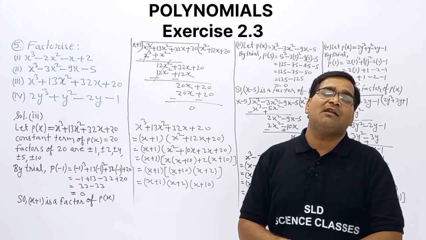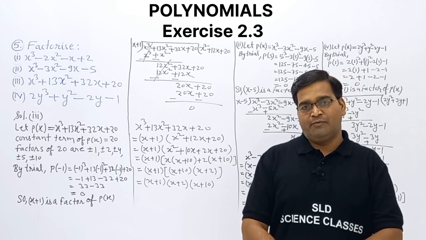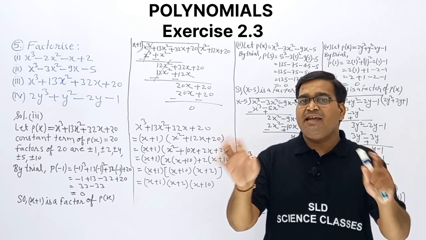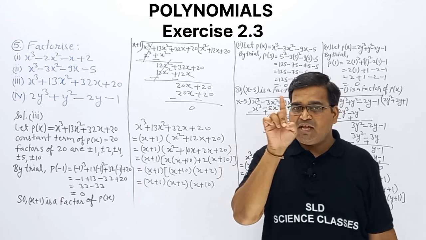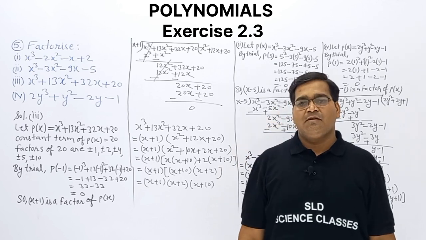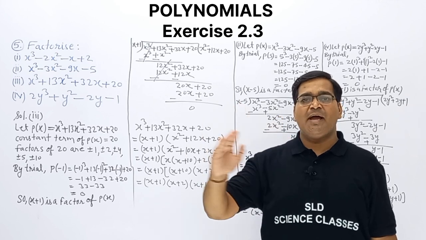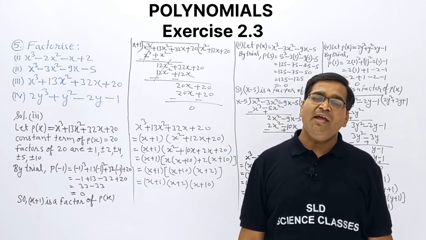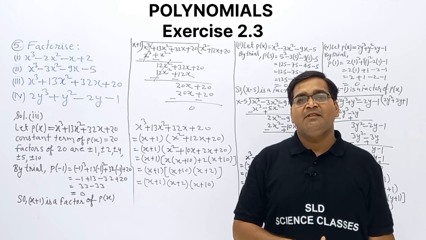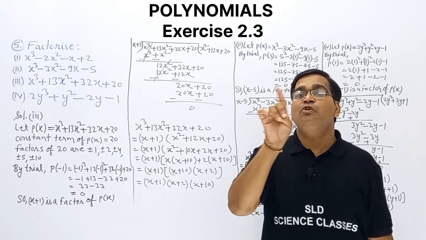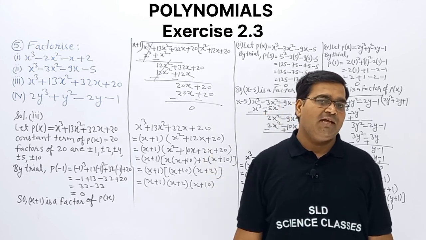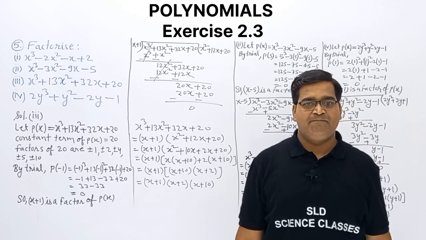When the polynomial has value 0, once we get 0 out of these, then we can say that point is the 0 of that polynomial. And then we will find the factor.